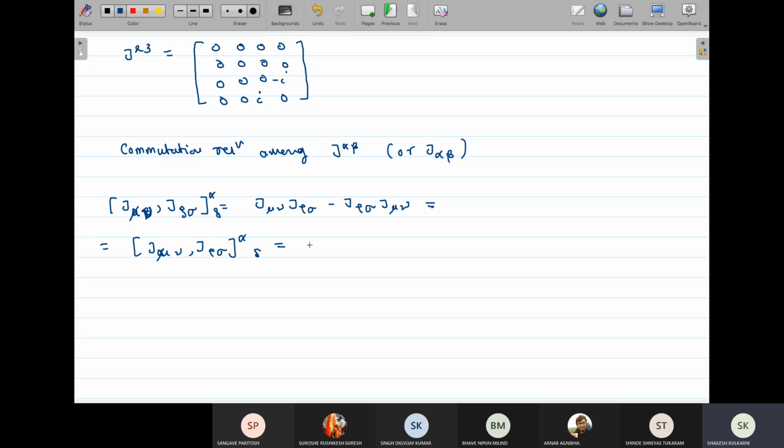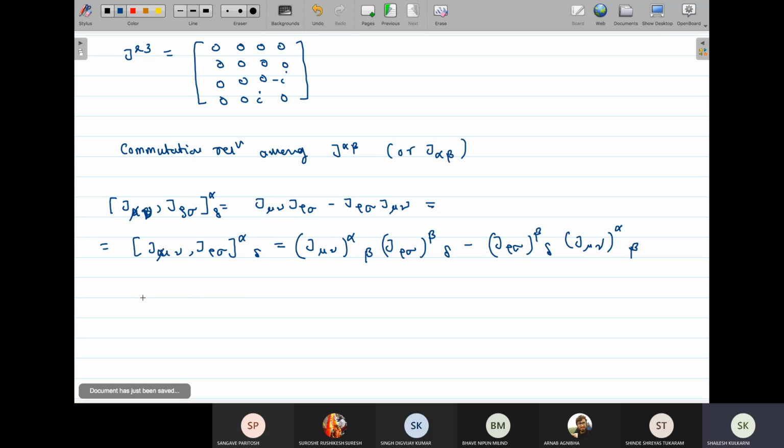This will be the alpha delta element of J mu nu J rho sigma, its alpha delta element. This will be J mu nu alpha beta J rho sigma beta delta minus J rho sigma beta delta and J mu nu alpha beta.